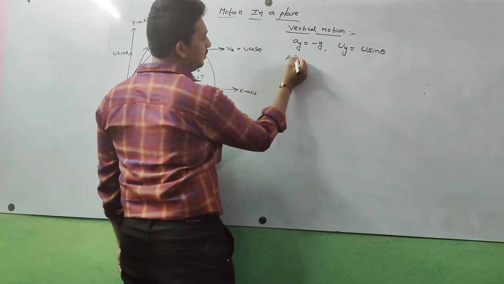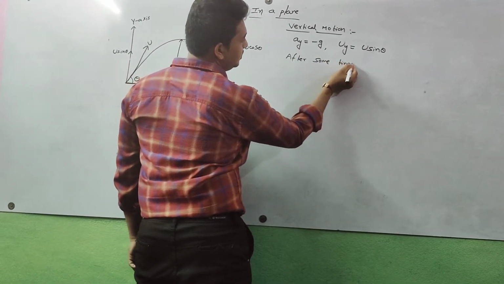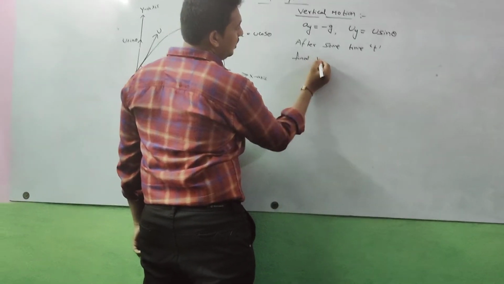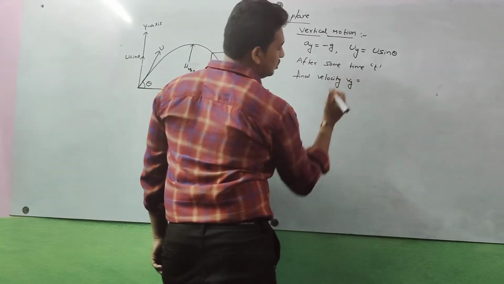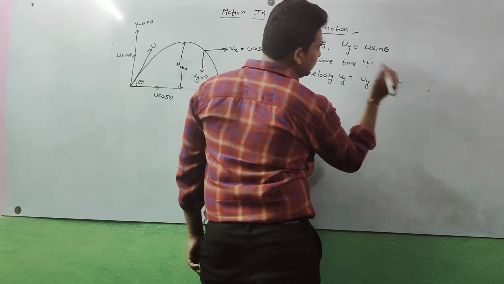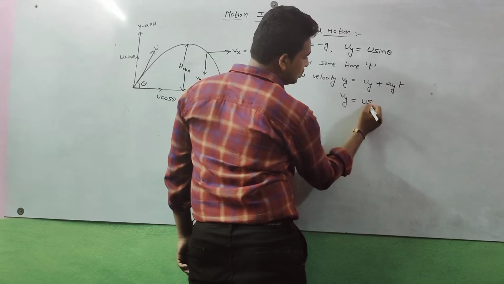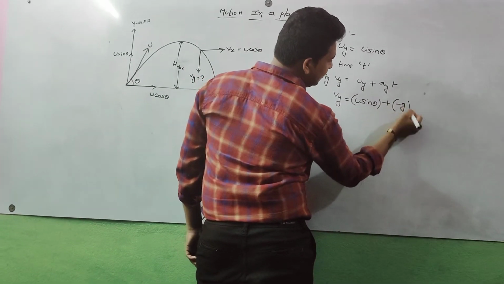So now after some time t, final velocity Vy is equal to uy plus ay into t. Here uy means u sin theta plus ay means minus g into t.